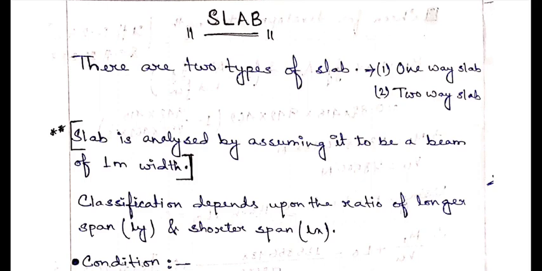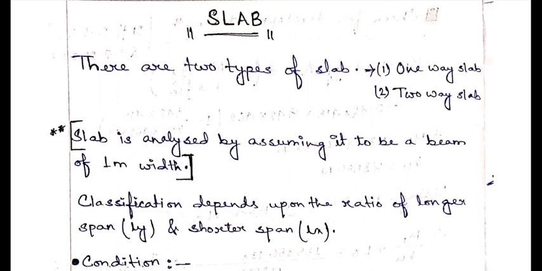Now, an example of slab, if we want to discuss, a very easy example is in your house. The roof over your head, that is a slab, and the floor is also a slab. So this is a common, very easy example of slab.